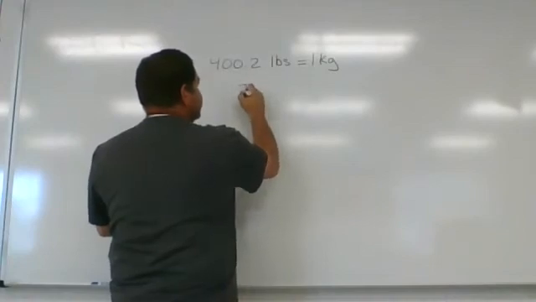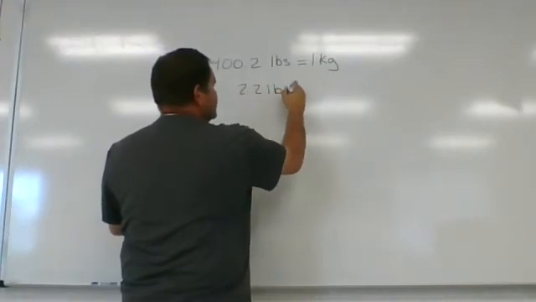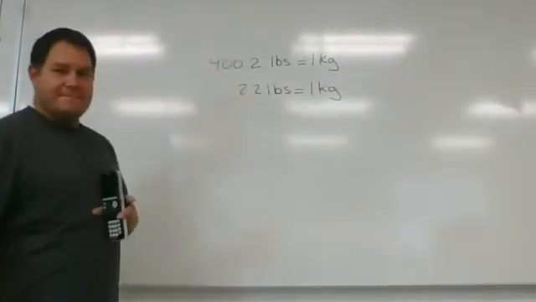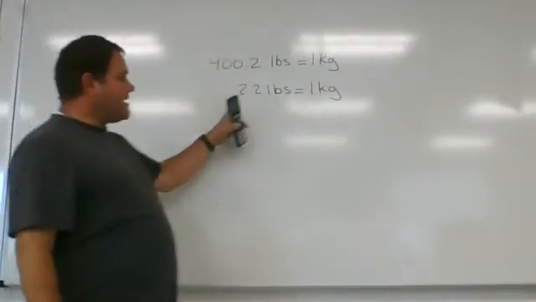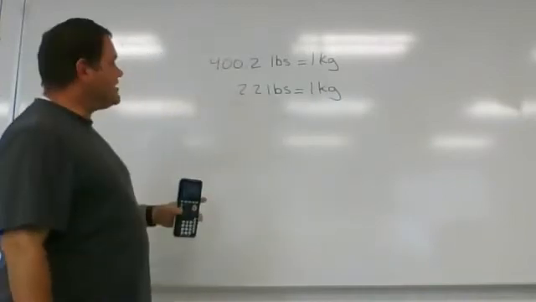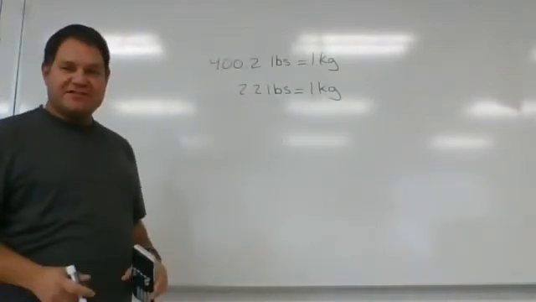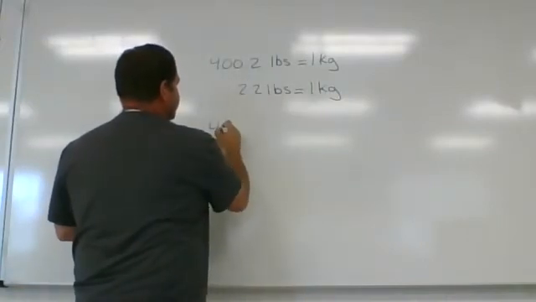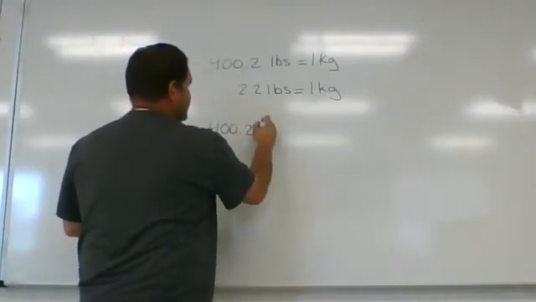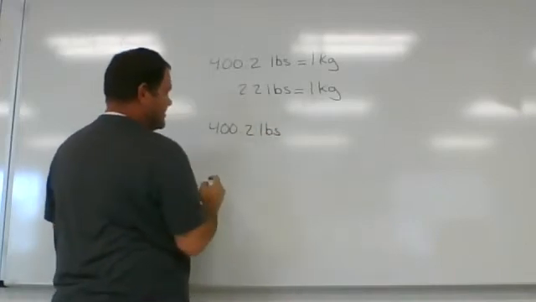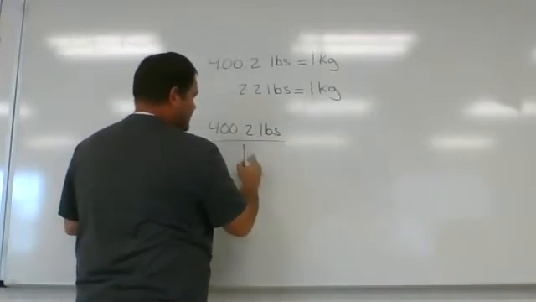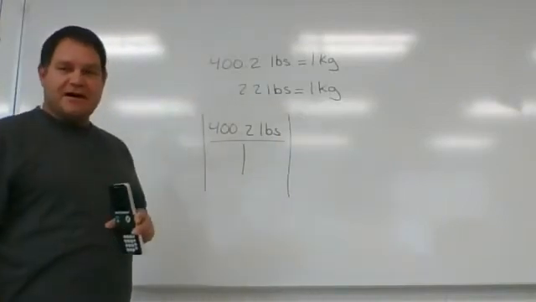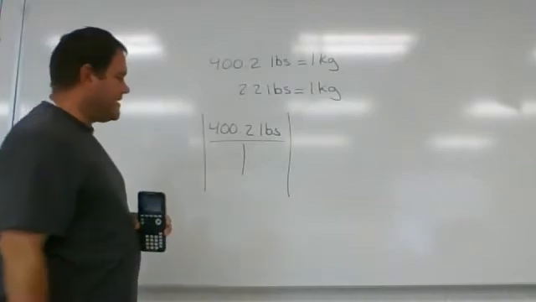But there are 2.2 pounds for every 1 kilogram. Okay. Right, so now that I got my conversion factor, now I just need to set up my dimensional analysis problem. So again, I'm going to take my original measurement of 400.2 pounds. Again, I'm putting the units there. Again, over 1 with my brackets or my posts around it, okay?